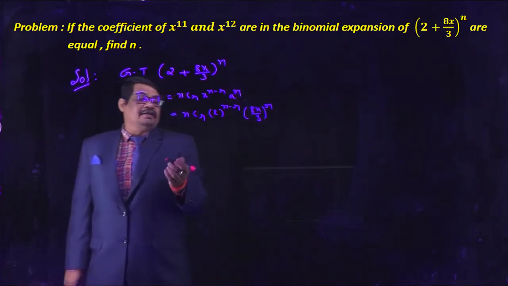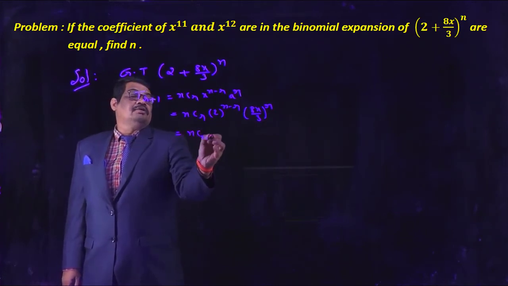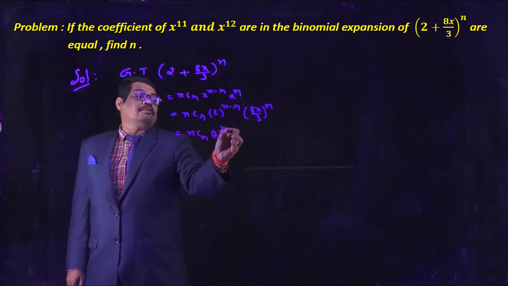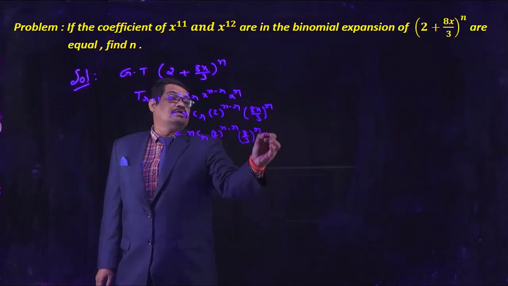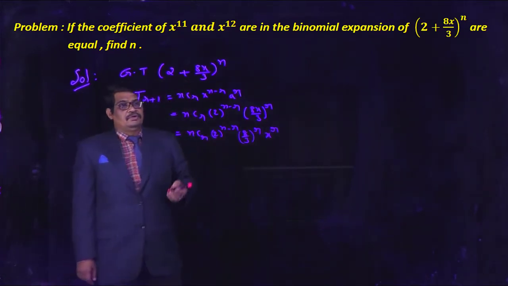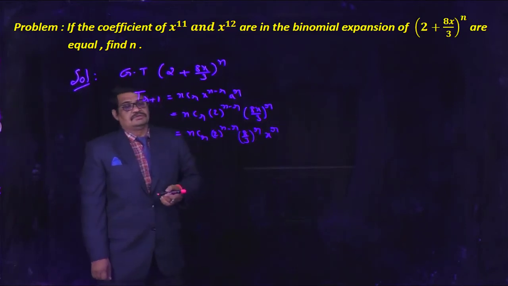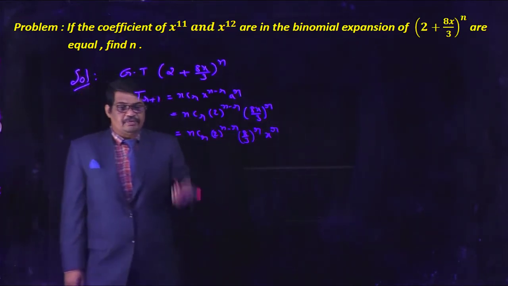Now we are writing nCr 2^(n-r). Here 8/3 is constant, (8/3)^r into x^r. So we have to find the coefficient of x^11 and x^12.